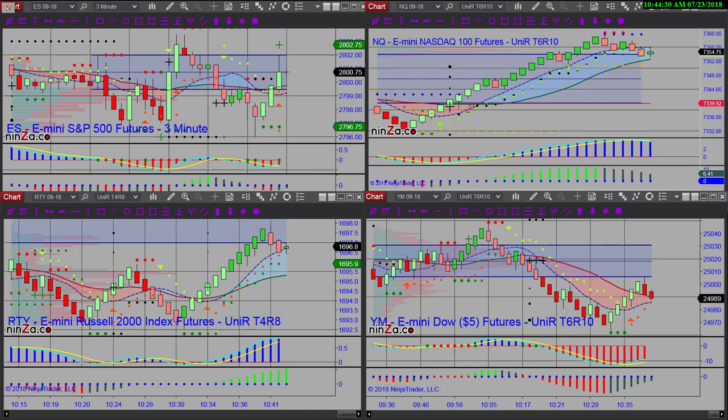Somewhere most mornings here, between 10:30 and 11, we get a run. We got an upwards run on the NASDAQ at about 10:33, 10:40. Yeah, say 10:31 to 10:33 to about 40. That's where most of the run was.